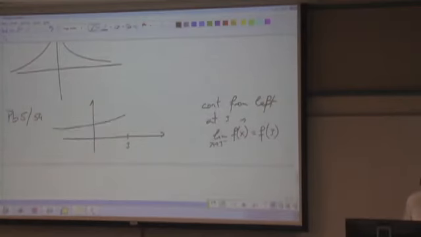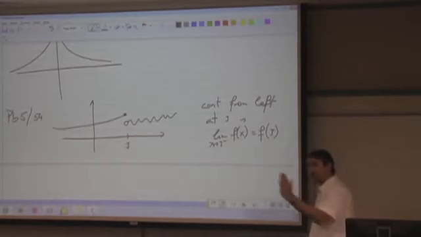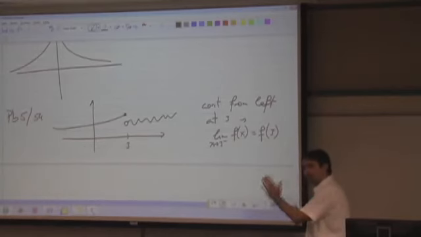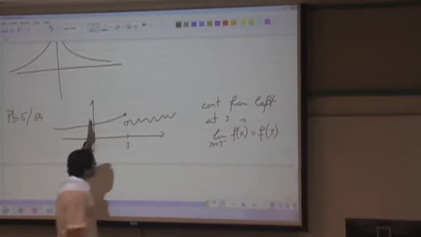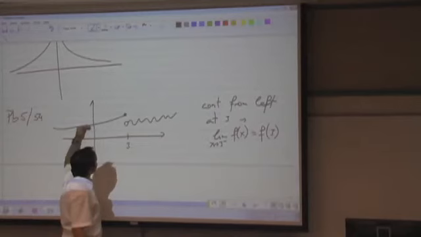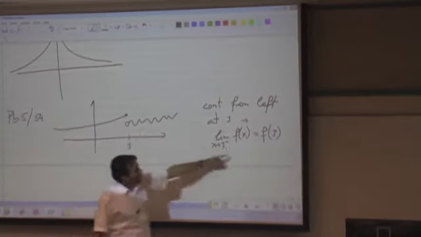I made too many straight lines, so let's make it a little more interesting. Does this make sense? Well, continuous from the left, that means you're coming from the left to 3. Okay, that's continuous. So coming from the left to 3, your graph has to end in the value of the function.